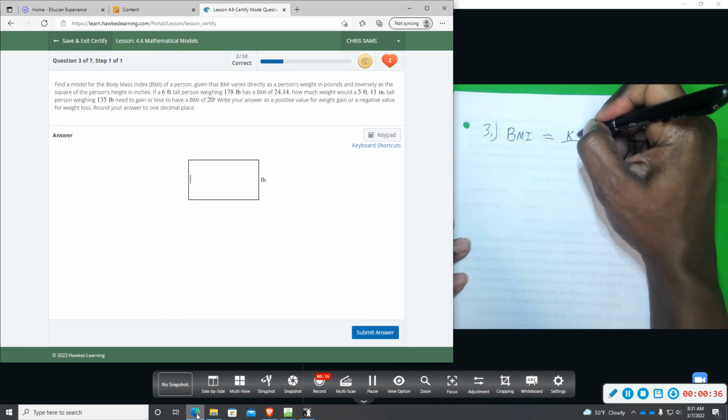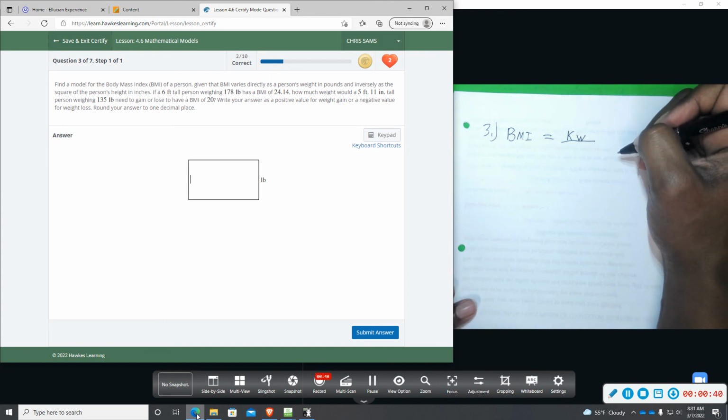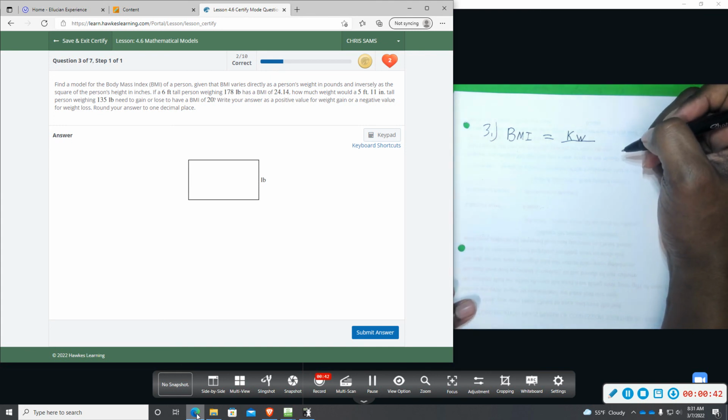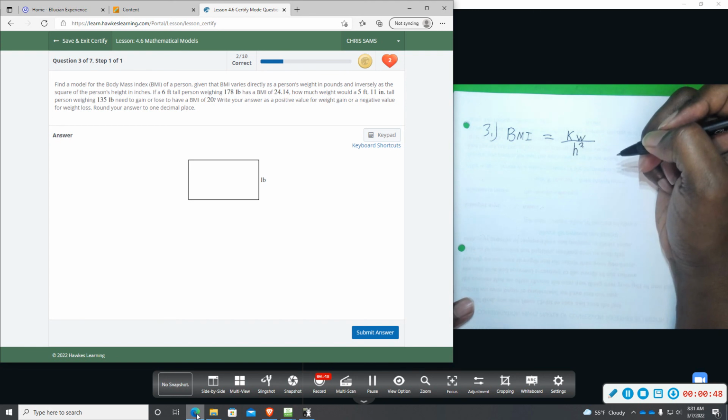So we're going to use W for their weight in pounds, and inversely as the square of the height in inches. Okay, height squared, and that needs to be in inches.